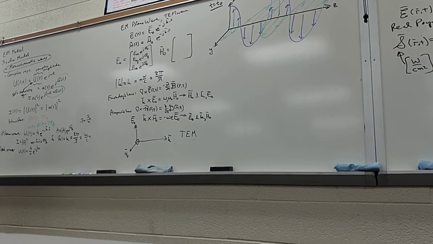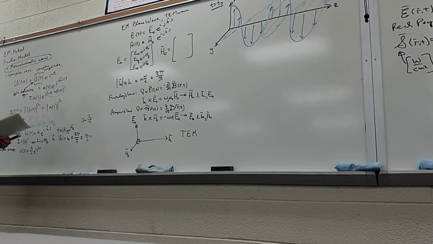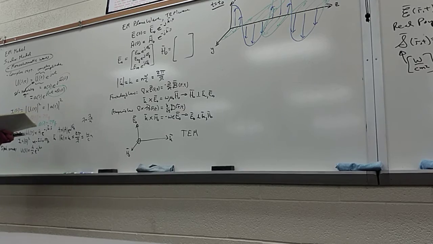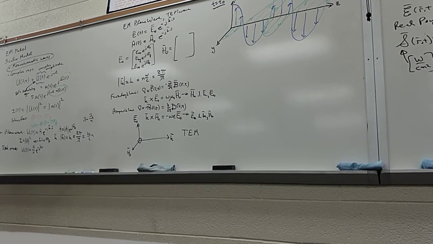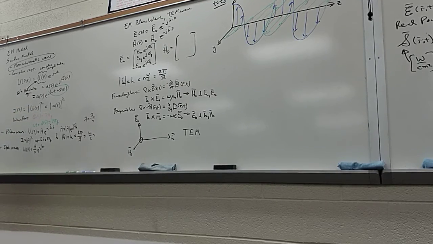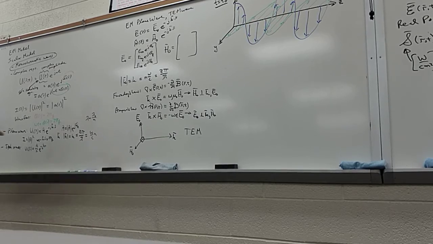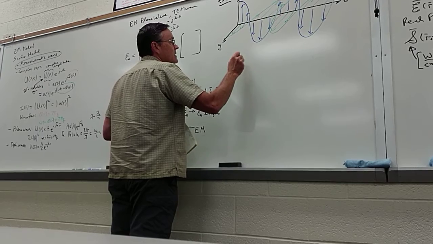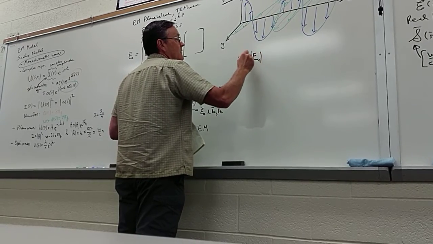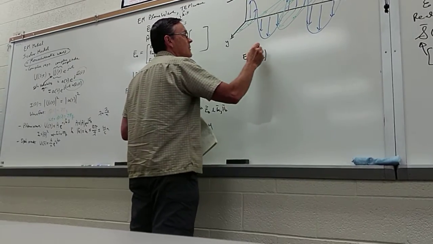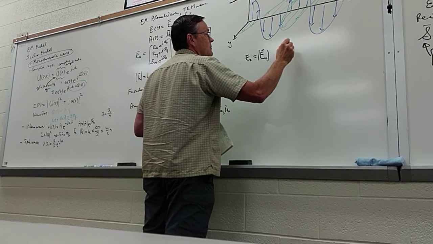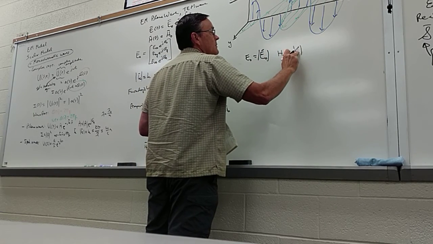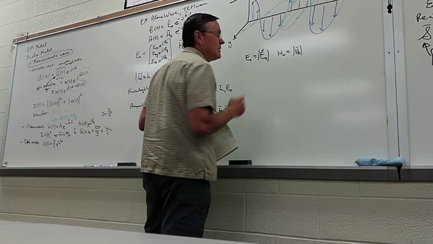Okay. Now, in our last 7 minutes, we want to pull out a couple more points and make our connection back to the scalar model. Okay, so let's say that we let E naught be the magnitude of E naught, and H naught be the magnitude of H naught.